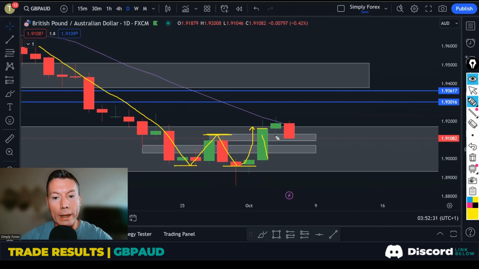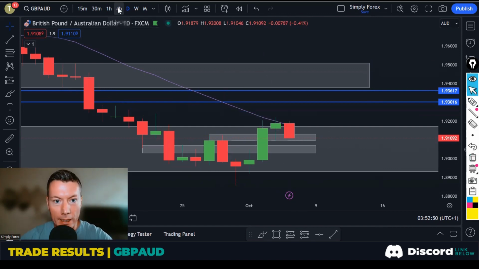So we were now in an uptrend. The only thing that put a little bit of doubt in my mind was this moving average 20, but we're at a weekly level and we just had a fresh daily structure break. So I was still keen to buy pound Aussie dollar.